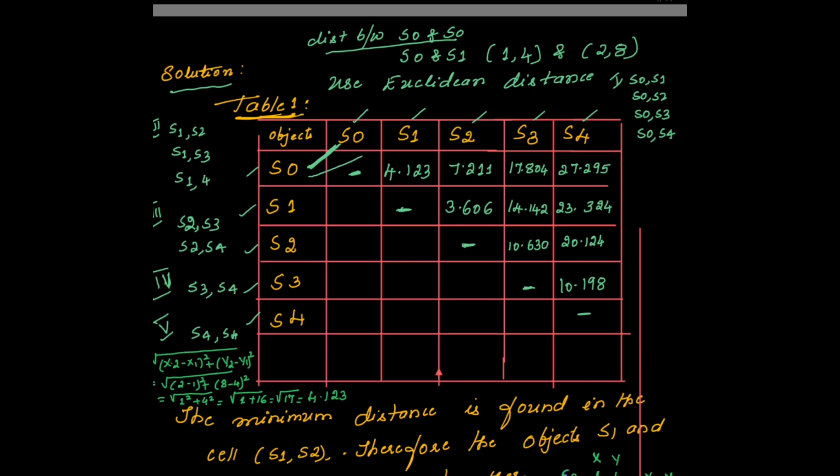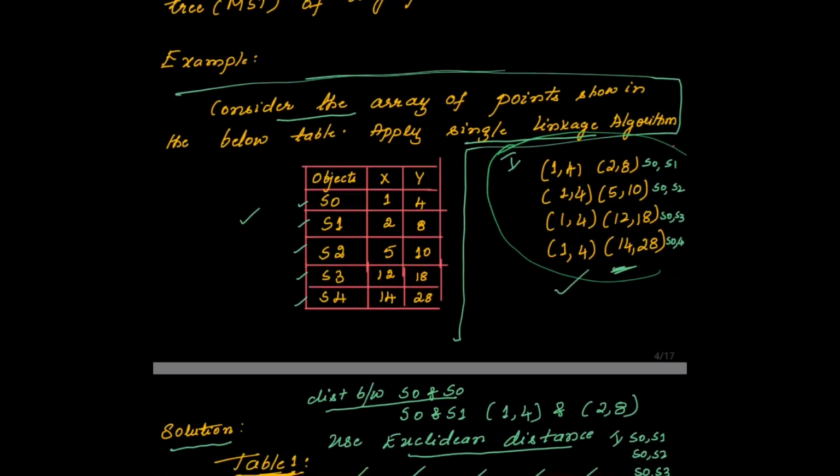Next you will find the distance between S0 and S1. For S0 and S1, how are you going to find the distance? You should make use of the Euclidean distance. In order to use the Euclidean distance, you should have the coordinates of S0 and S1. So here I have written S0 and S1 coordinates. You can see here S0 is 1, 4.